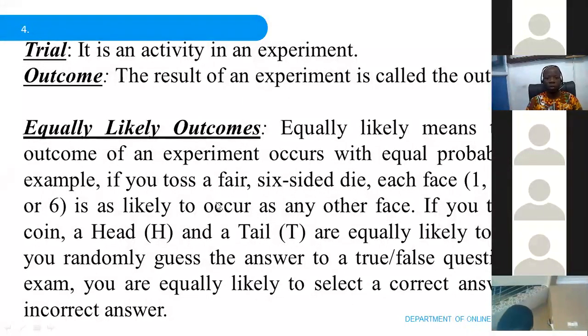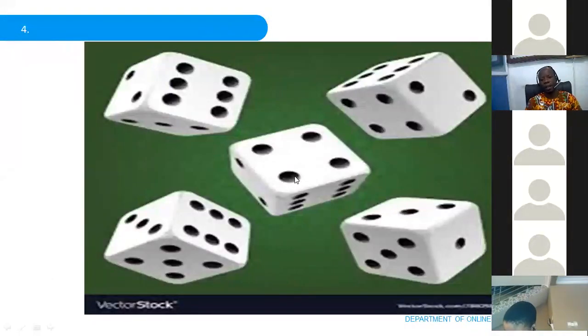For example, if you toss a fair six-sided die, each face number, that is 1, 2, 3, 4, 5, 6, is as likely to occur as any other face. So let me show you a die. This is a die. If you toss a die, you will see the die over there. This is a fair die.